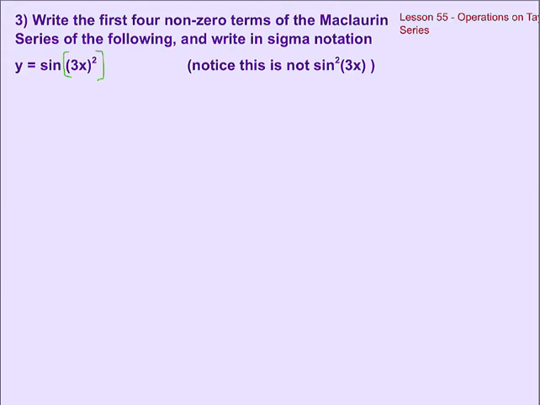So if you remember, the Taylor series for sine of x, we'll write the first four non-zero terms first, and then the sigma notation: x minus x cubed over 3 factorial plus x to the 5th over 5 factorial minus x to the 7th over 7 factorial.